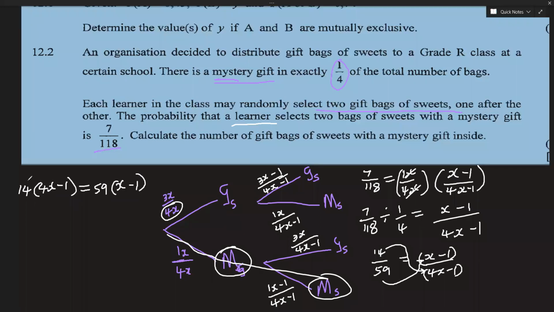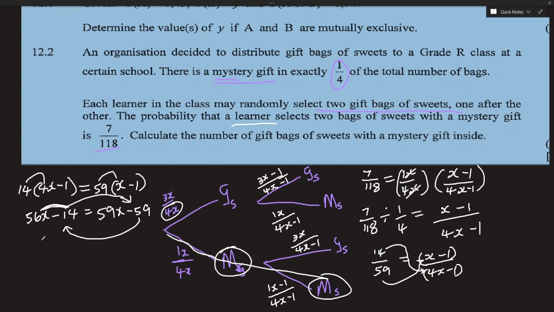So here I'm going to have 56x minus 14, and here 59x minus 59. Then I'm going to take the 59 to that side and the 56x to that side.